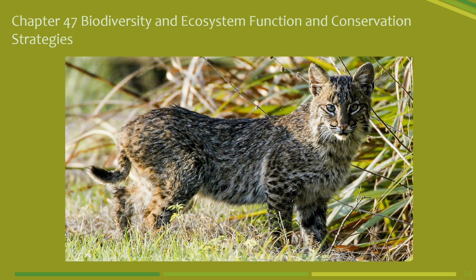Conservation strategies can focus on landscapes or ecosystems or regions, but conservation strategies can also focus on single species. And there are several different ways that you can pick a species that you might want to concentrate your efforts on.